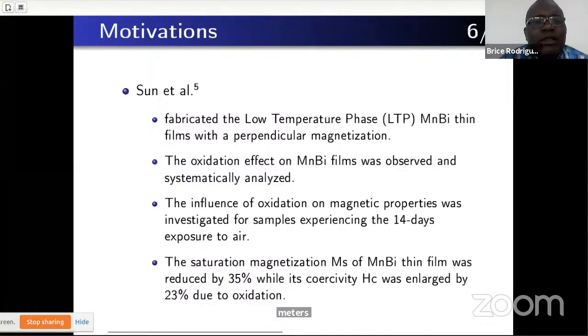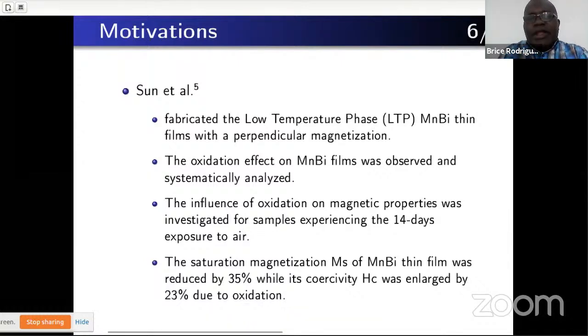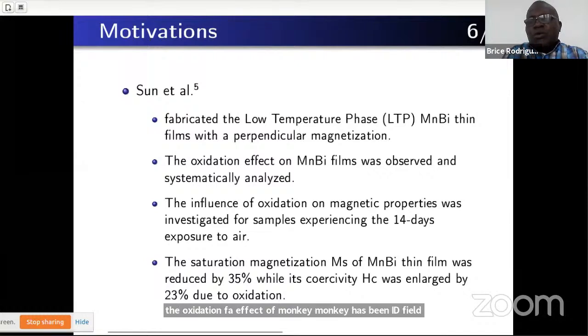Sun et al. have fabricated the low temperature phase manganese bismuth thin film with a perpendicular anisotropy. The oxidation effect of manganese bismuth films was observed and systematically analyzed.